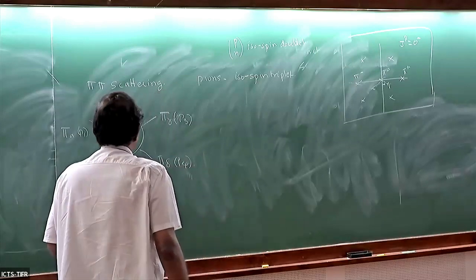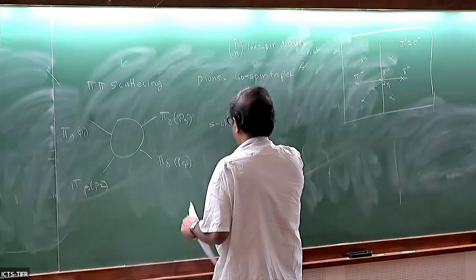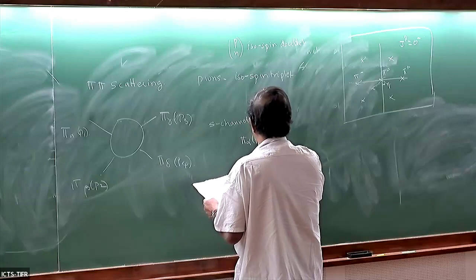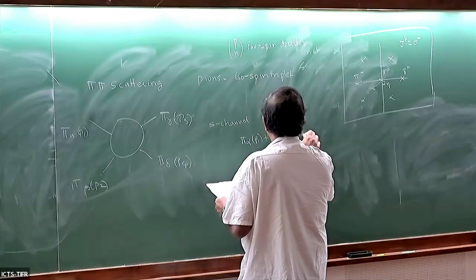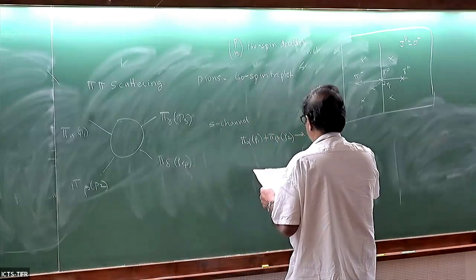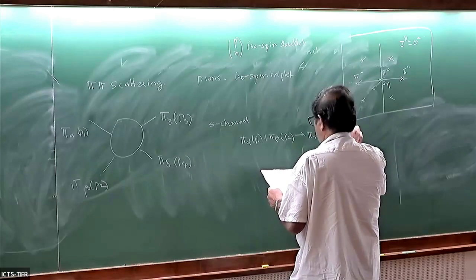The so-called S channel is pi alpha p1 plus pi beta p2 scattering into pi gamma p3 plus pi delta p4.